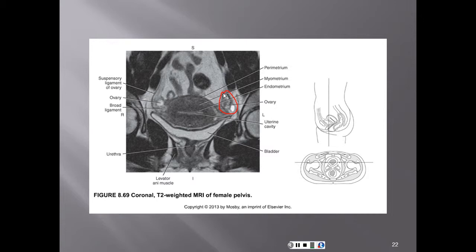The suspensory ligament attaches the superior aspect of the ovaries to the lateral sides of the pelvic wall and contains the ovarian vessels. That's this ligament, the suspensory ligament of the ovary, page 531, on the right side, the suspensory ligament.